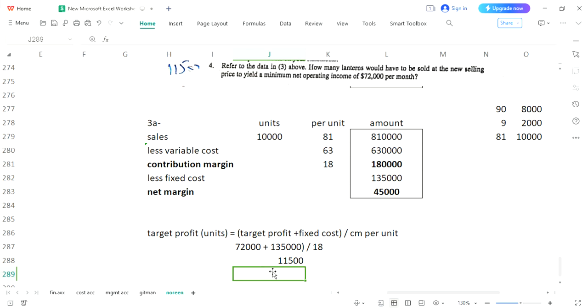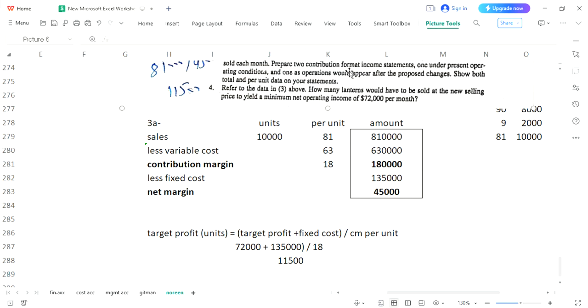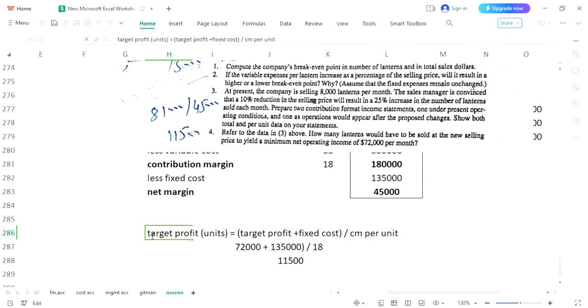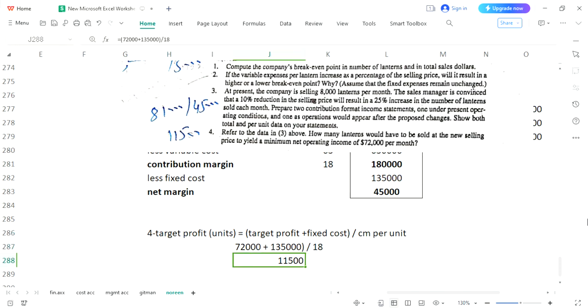If you produce 11,500 units, you will get a profit of 72,000. So let's check the answer of number 4. This target profit was actually the fourth part. We should mention over here the target profit number of units, 11,500. You can see 11,500 is written as the answer and we have calculated it.